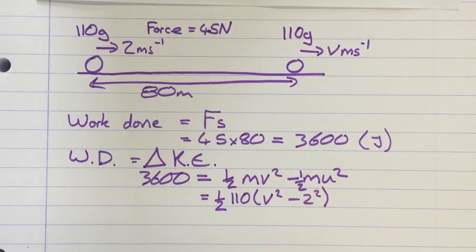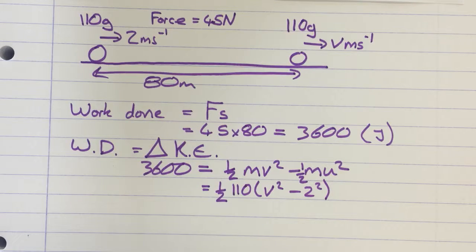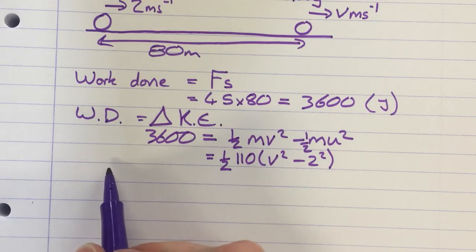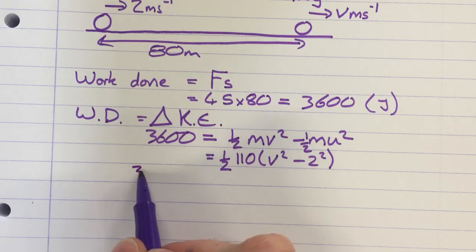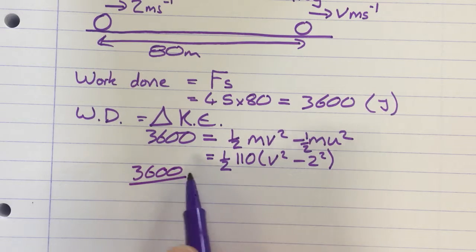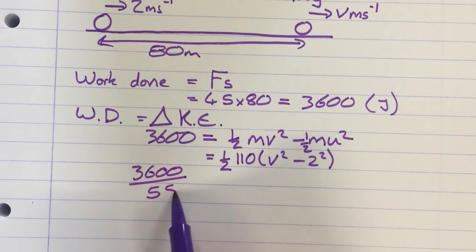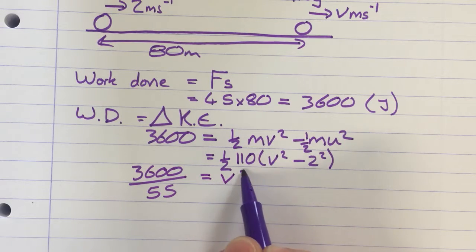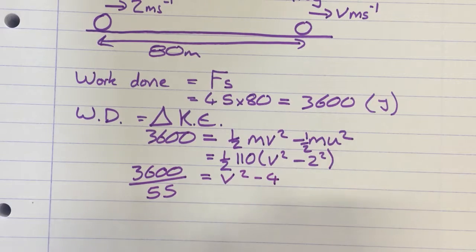So now it's just a case of rearranging that and solving to get our unknown v. So we're going to go 3,600 divided by 55, which is our half times our 110, is equal to v squared minus 4, which gives me v squared is equal to 69.45 by doing my divide and then adding my 4 on.